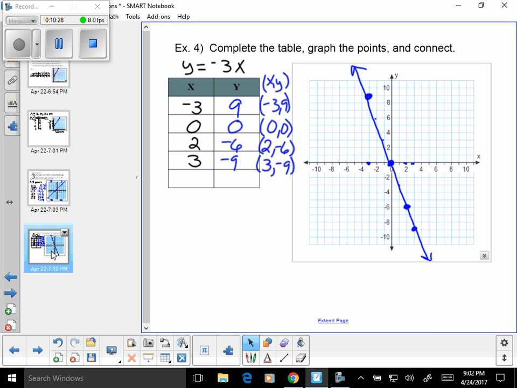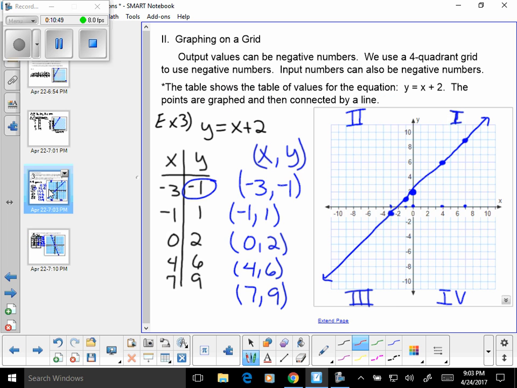Okay, now if you'll notice, this line is slanted downward. That's called slope. If you're going to walk down, let me see if I can pull up an extra color to show it to you. Let me try red. If I can walk down the line, that's negative slope. If I can walk up the line, that's positive slope.